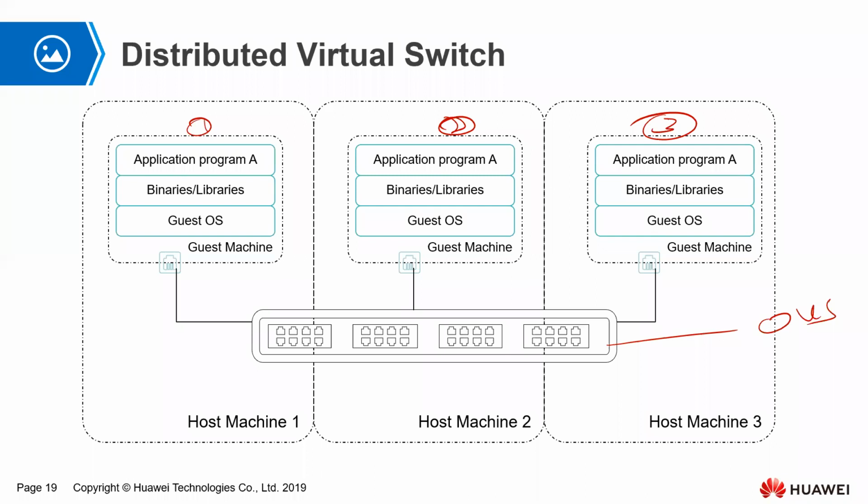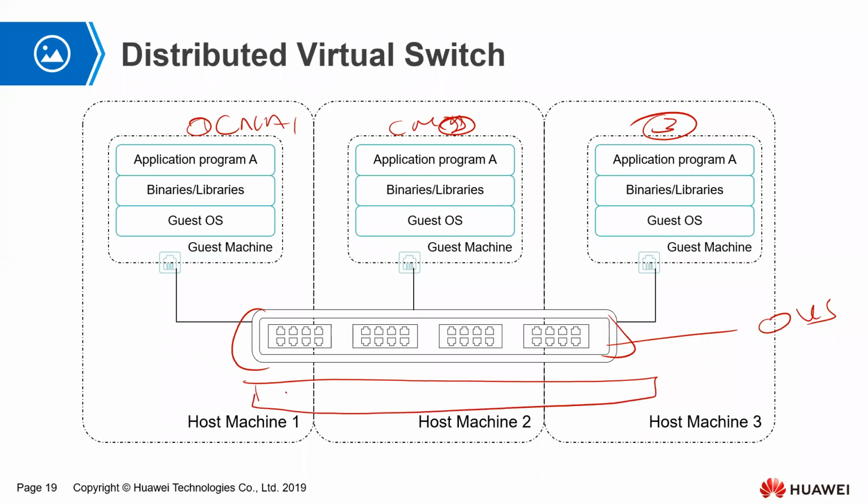So you can have one distributed switch serving multiple CNAs in a cluster. This is CNA1, CNA2, CNA3, or different physical hosts depending on the name you want to use.